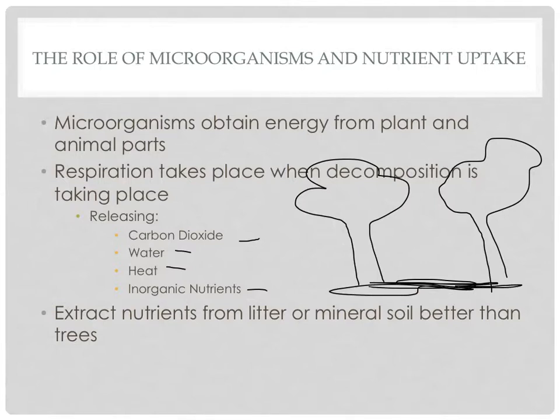So they're breaking down this layer, and while they are doing that, the microorganisms, because they are respiring, are producing carbon dioxide. Part of the decomposition process is a byproduct of water, heat, and inorganic nutrients as it decomposes, and those are the things that are helping create a microsite for growth of plants and also providing the elements in the water needed for growth.